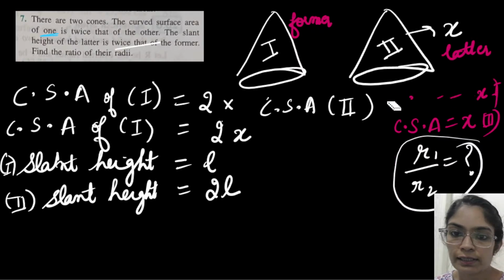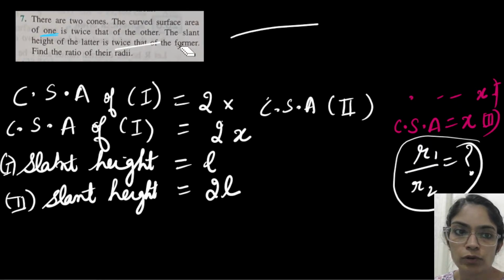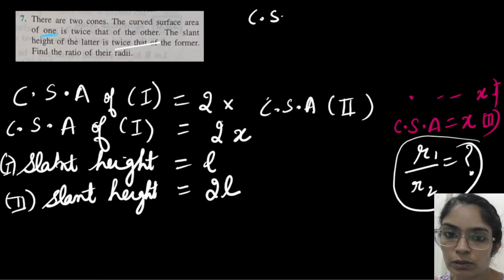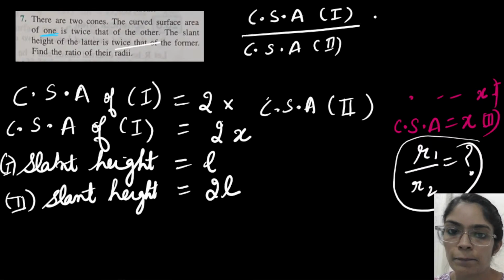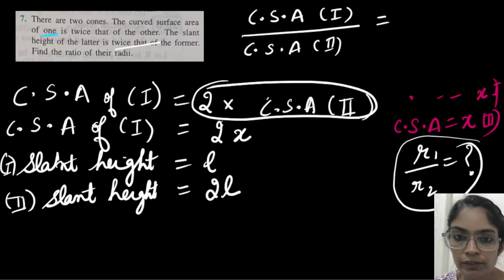So I'll just clear this thing because I have to find some ratio. So when we are doing the solution, we will write that in ratio form only. So I'll take the ratio of CSA of first one and CSA of second one. So that ratio I will take. So curved surface area of first one is 2 times the curved surface area of second one.